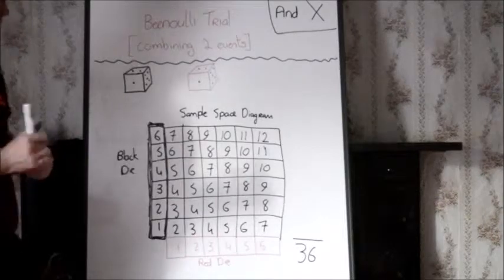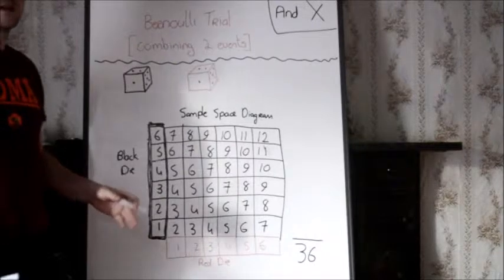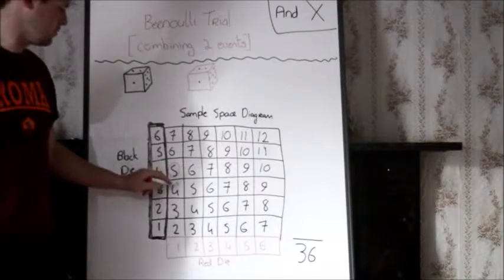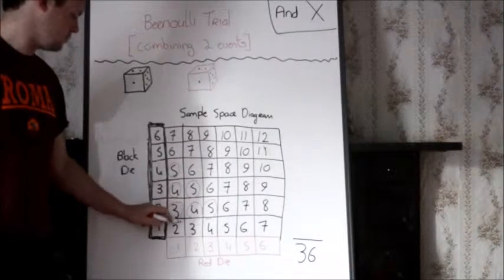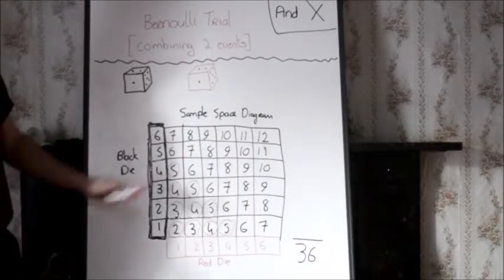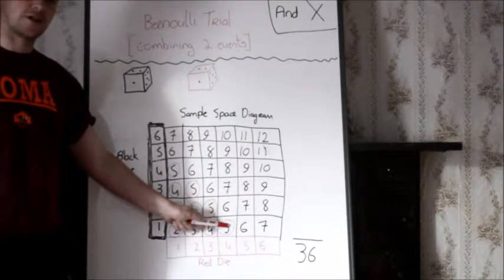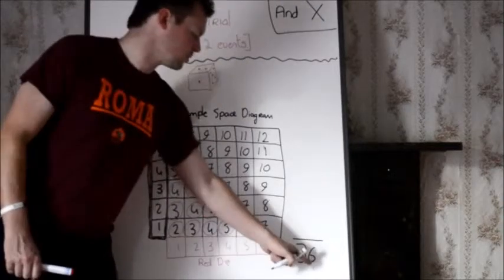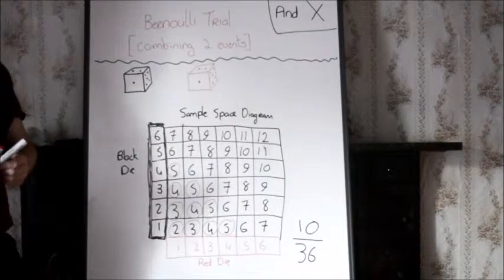Let's underline anything here that's less than a 6, not including 6. So we have 1, 2, 3, 4, 5, 6, 7, 8, 9, 10 chances of rolling less than a 6 out of a combined total of 36. Again, if we type that into our calculators and press equals, we can change it to a decimal.